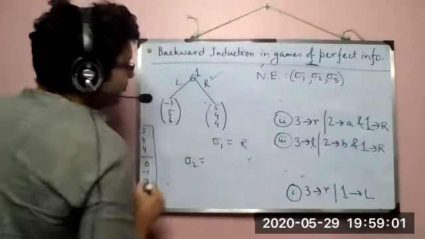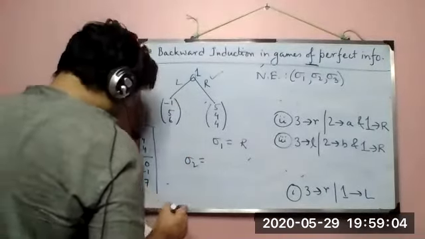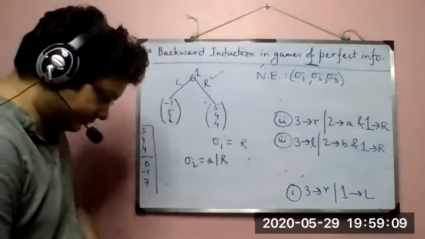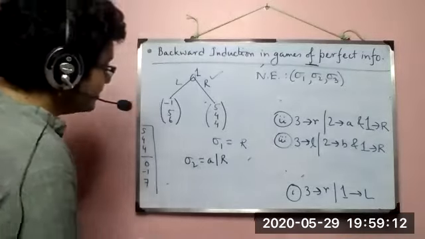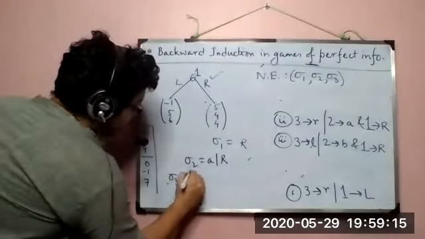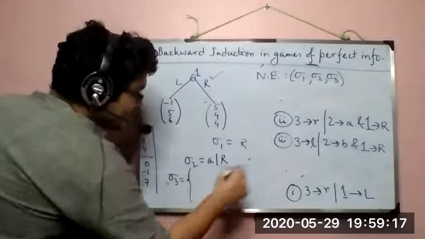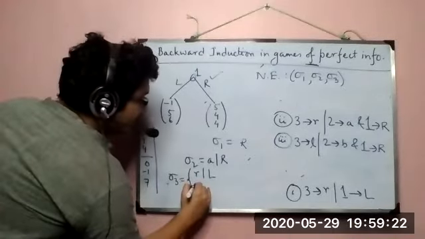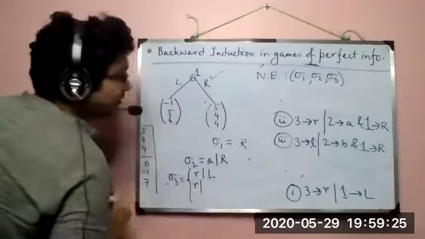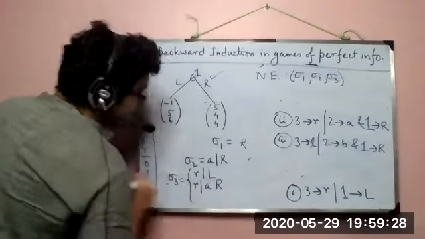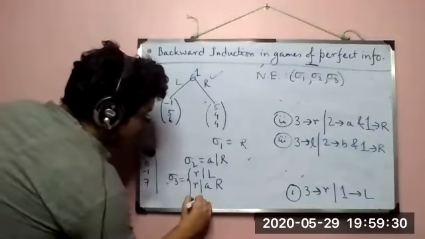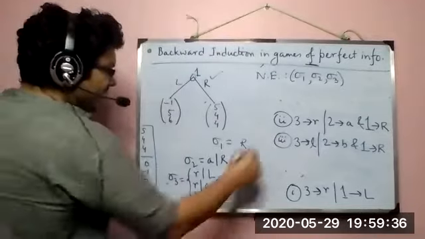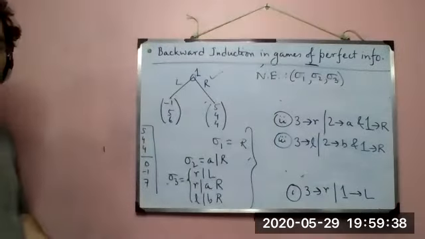So sigma 2 is, what was it? A given R. Okay, and sigma 3, we have a lot. So first one is R given L, then R given A R, and then L given B R. Okay, so this is what we have as the Nash equilibrium.